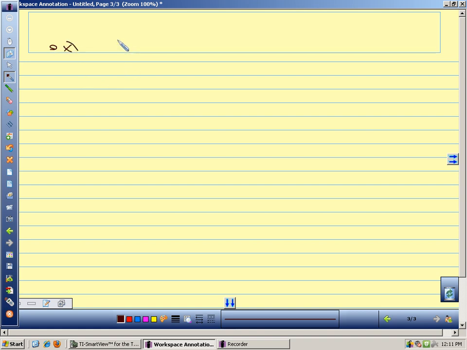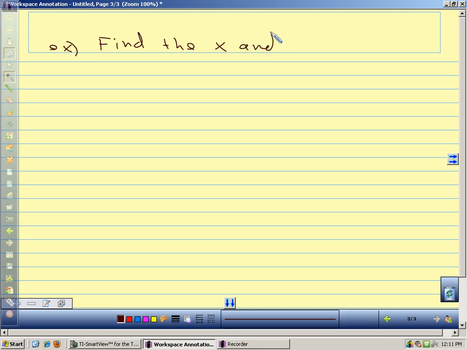So in both of these examples, we want to find the x and y coordinates of the point on the unit circle.